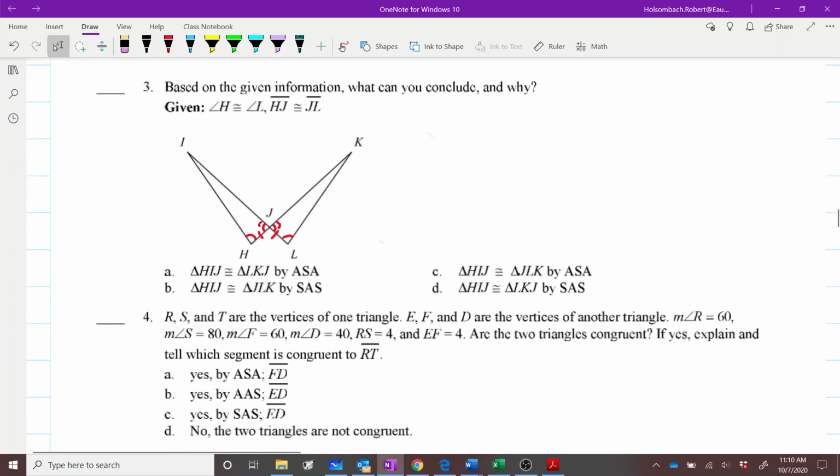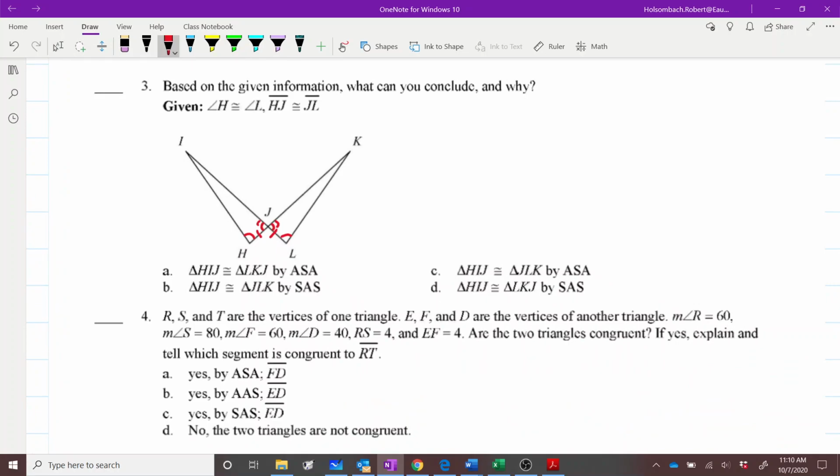So by process of elimination, we can get rid of answer choice B and answer choice D. So we've got two to choose from using angle, side, angle. And answer choice A says HIJ. So we're starting at H, we're going through I, and then to J, congruent to L, K, to J. So that looks like a good choice.